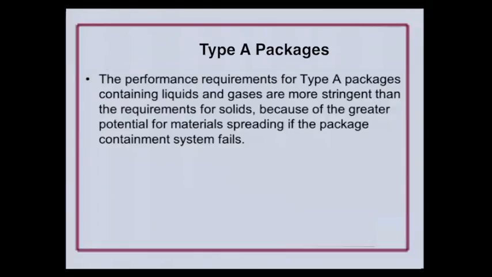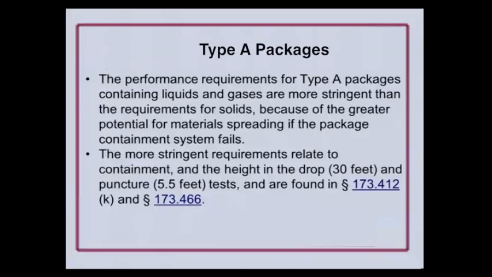If they contain liquids or gases, there's a few more tests that you have to do. A bit more stringent than the requirements for solids, which is what this was. And you can find those additional tests in these links. You can see the height has been increased to 30 feet, which is considerably more.